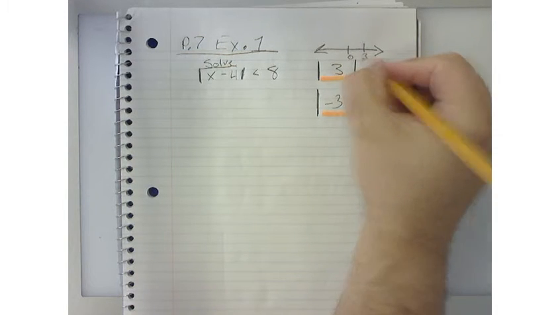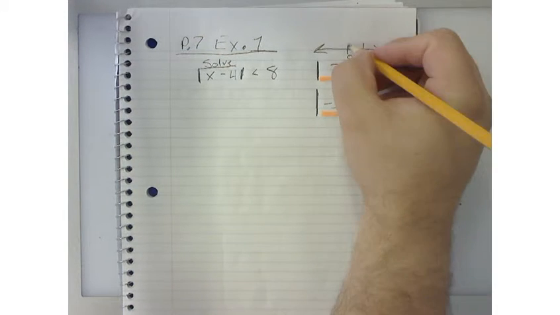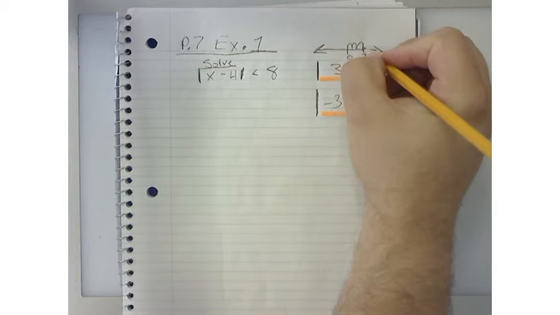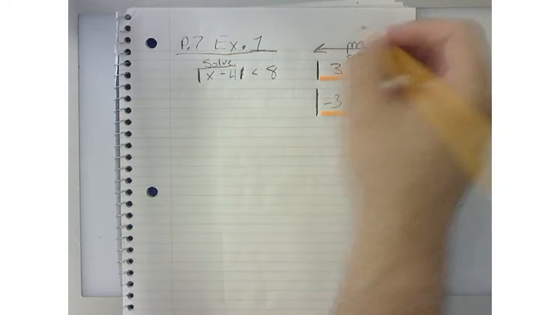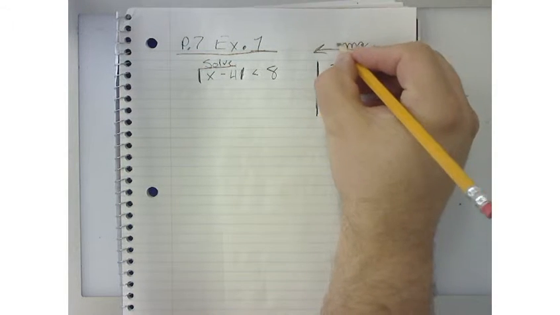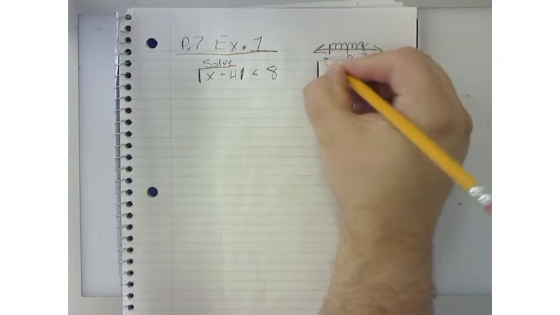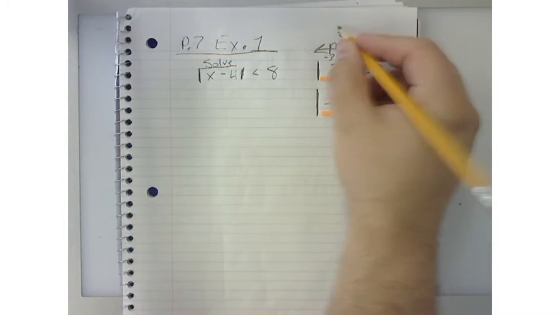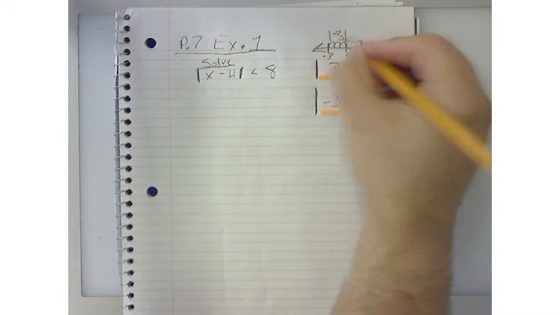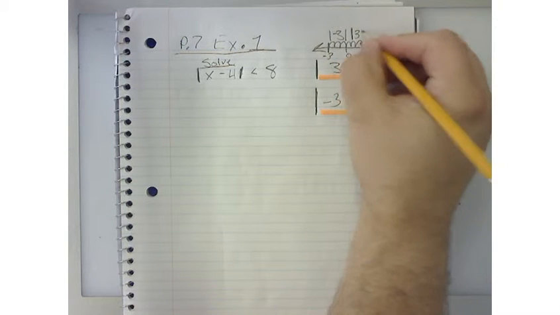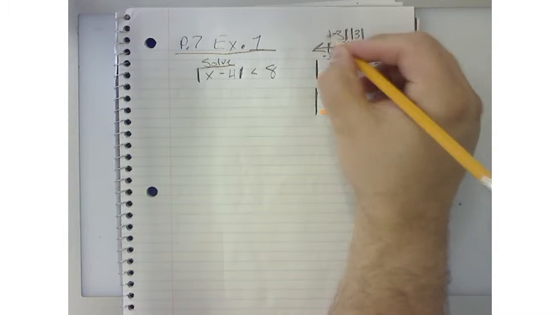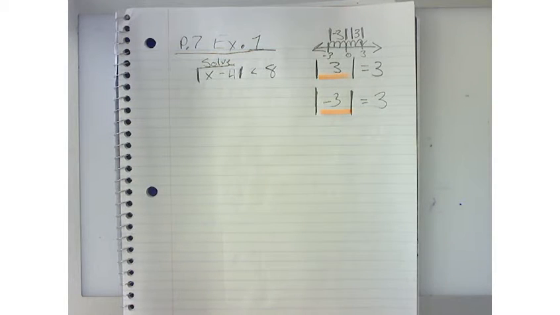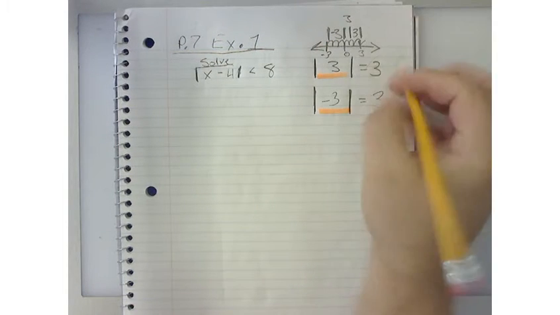If I think of +3, that means I go 1, 2, 3 units to the right. If I go 1, 2, 3 units to the left, then -3. In both cases, I move exactly 3 units, right? So that's where this comes from.